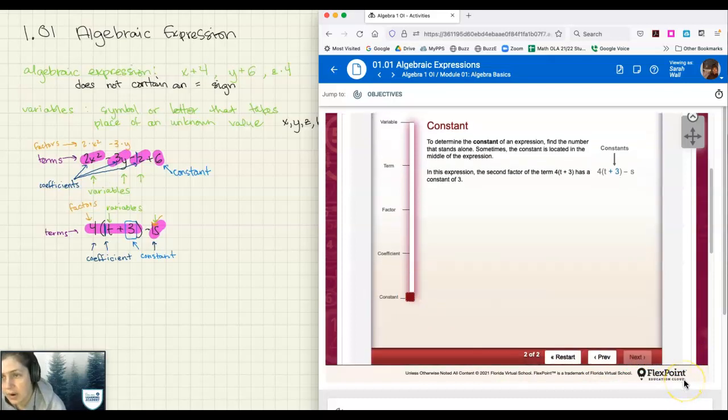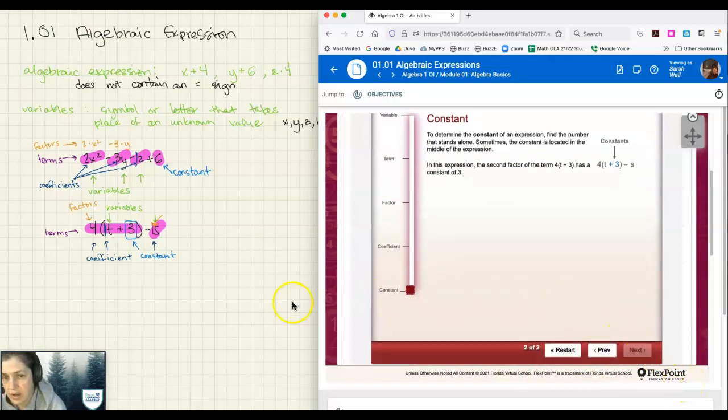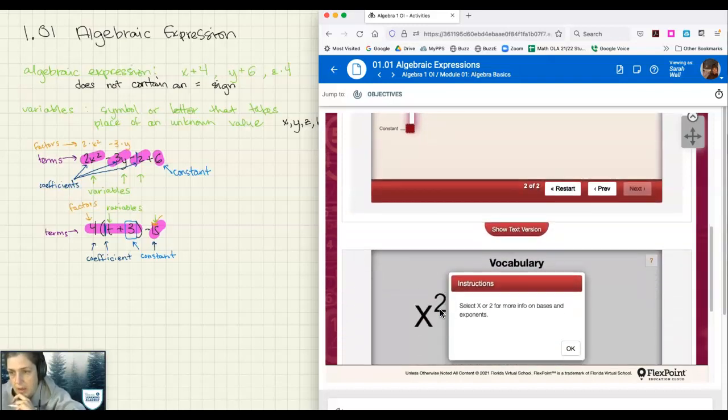So those are the important pieces to understand about an expression. And in an equation that has an equal sign, it's the same. The parts of the equation remain the same.